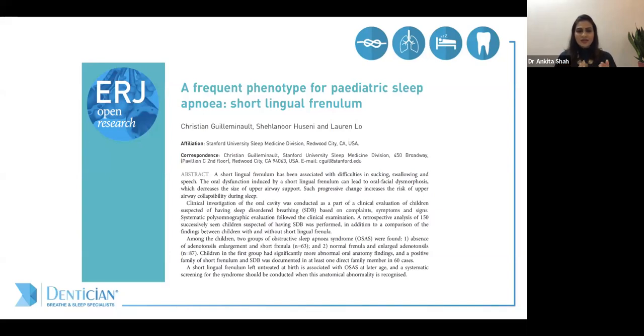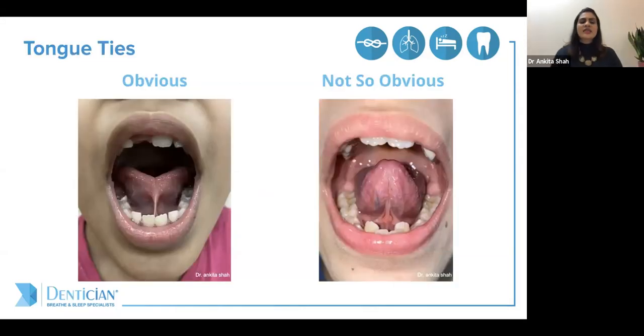So what they came across through their research was that these kids will show sleep apnea much later in their lives, but they may show dysfunctions in breastfeeding. They may have picky eating. They may have a lot of change in their orofacial growth also. There are some tongue ties which are obvious, and there are some which are not so obvious.